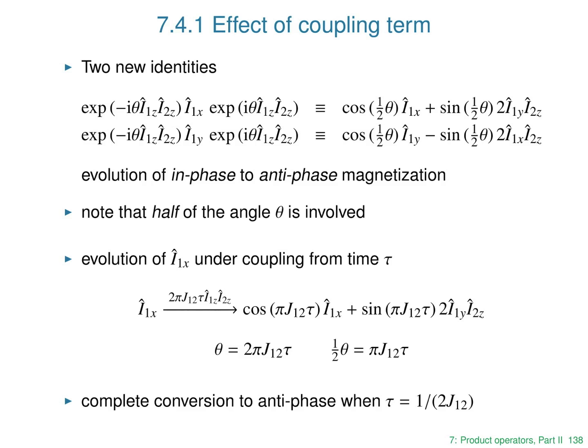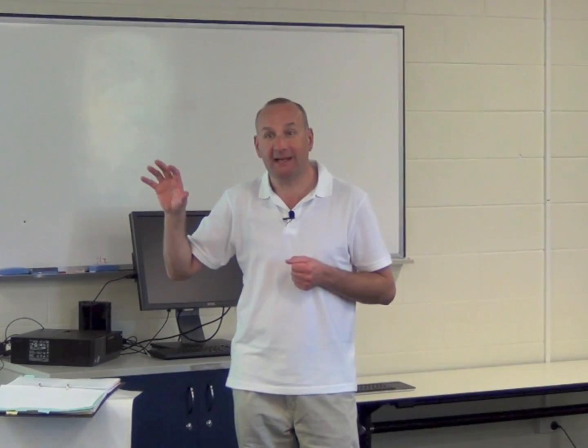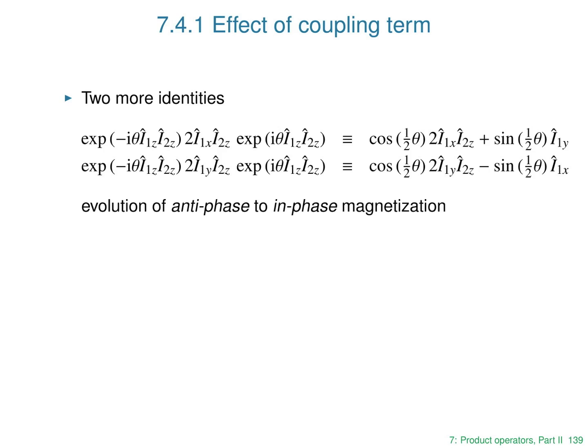So if you allowed the coupling to evolve for a time 1 over 2J, you would find that it went from in phase to 100% anti-phase. Now if you've ever looked at any multiple pulse sequences, they're always full of delays that are 1 over 2J. Right? And that's why, because that's the delay that gives you this transfer between in phase and anti-phase. So that's the effect of coupling.